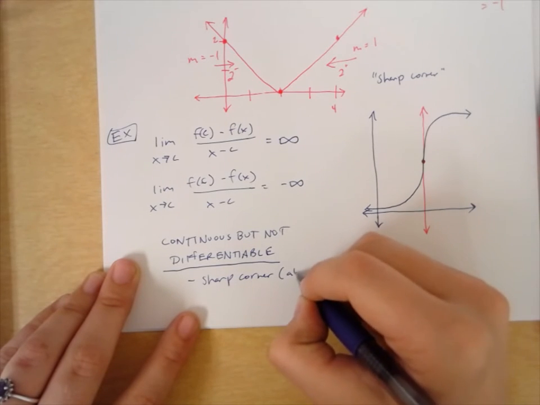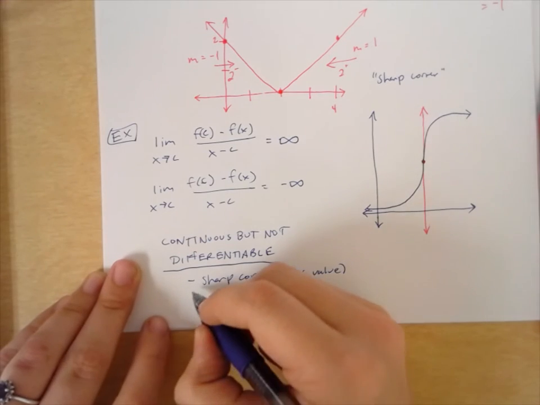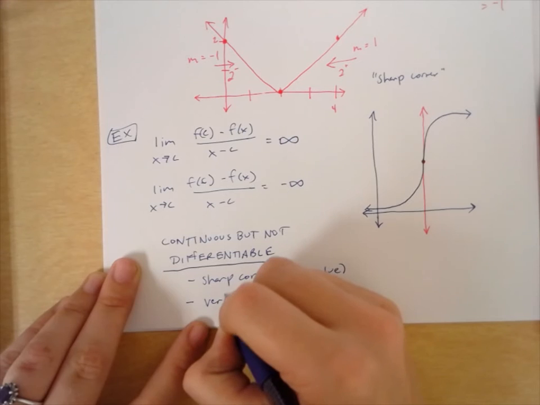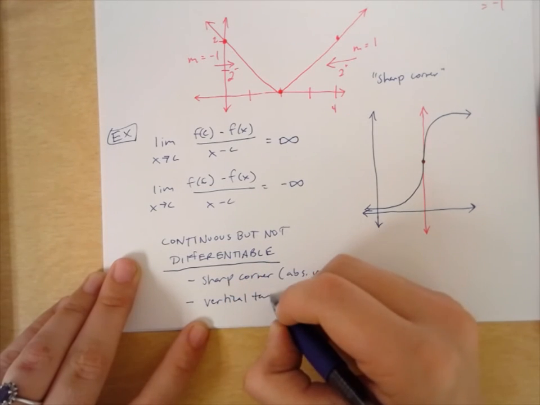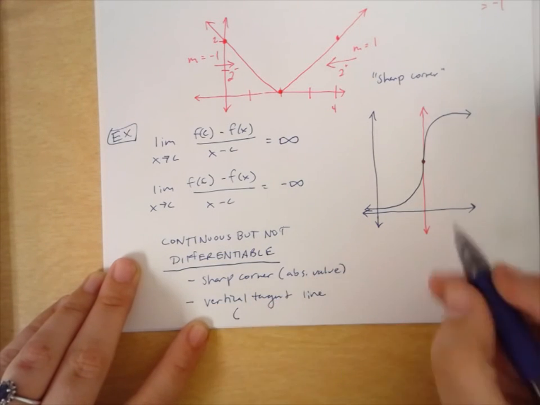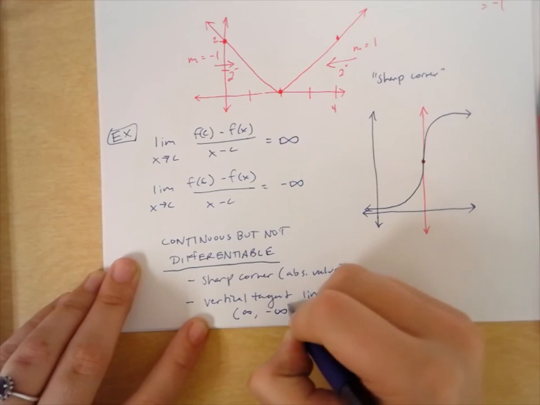I'm going to write in parentheses absolute value because that's the graph we know makes that shape. And we have vertical tangent line. I'm going to write in parentheses getting positive or negative infinity as our answer.